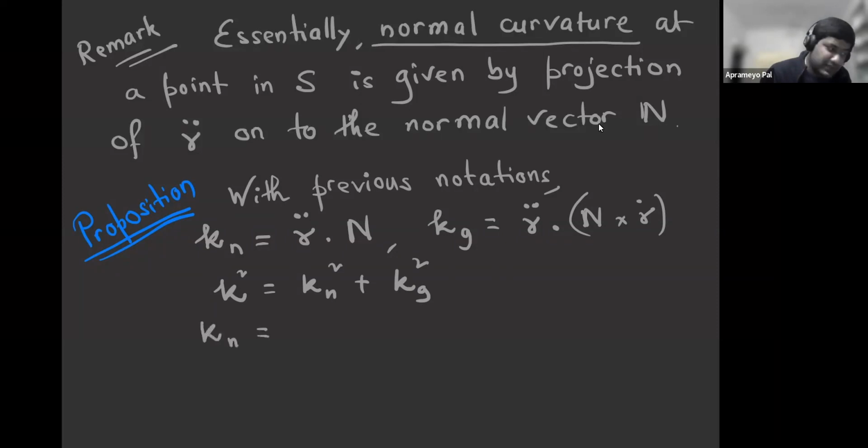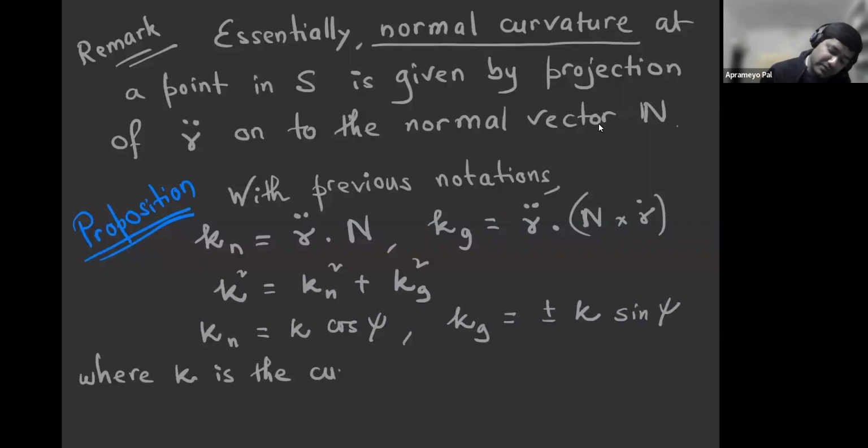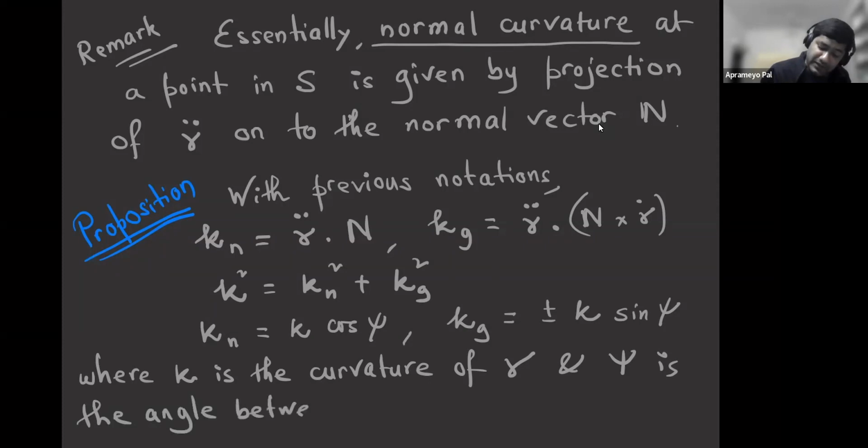And kappa n is then given by kappa cos psi, and kappa g is given by plus minus kappa sin psi, where kappa is the curvature of gamma and psi is the angle between n and the principal normal small n of gamma.